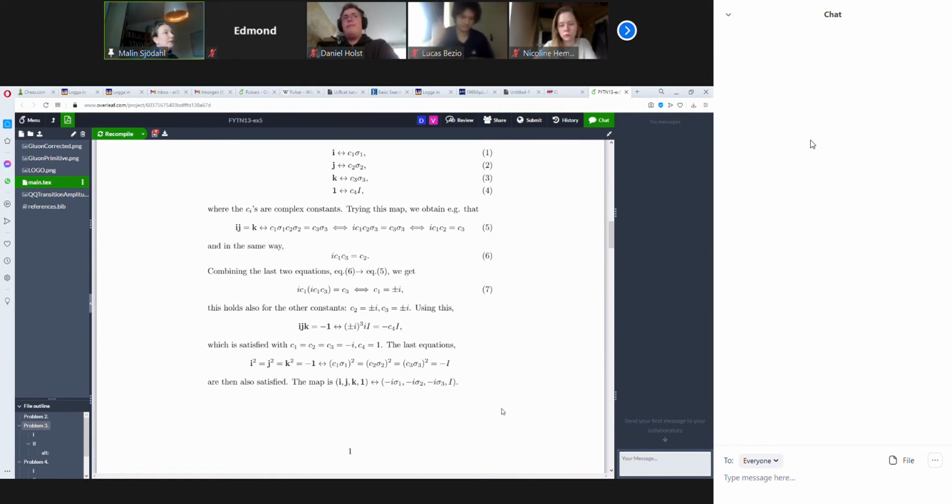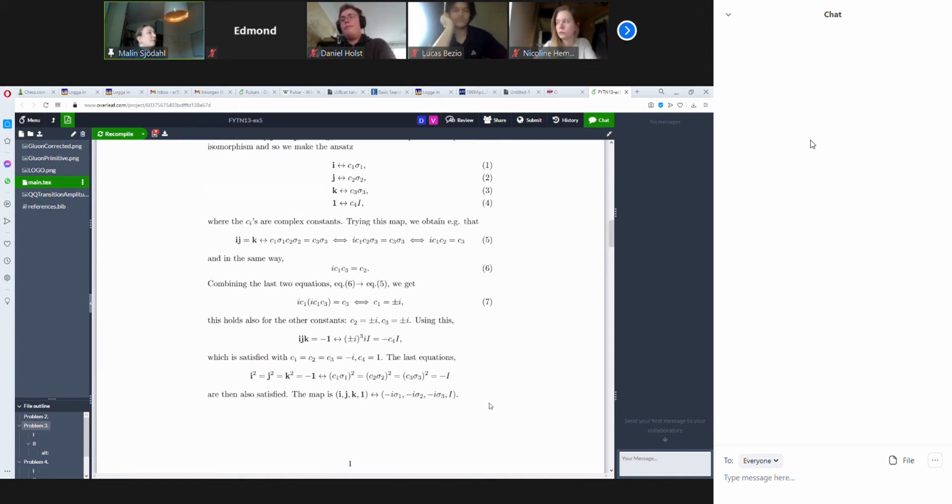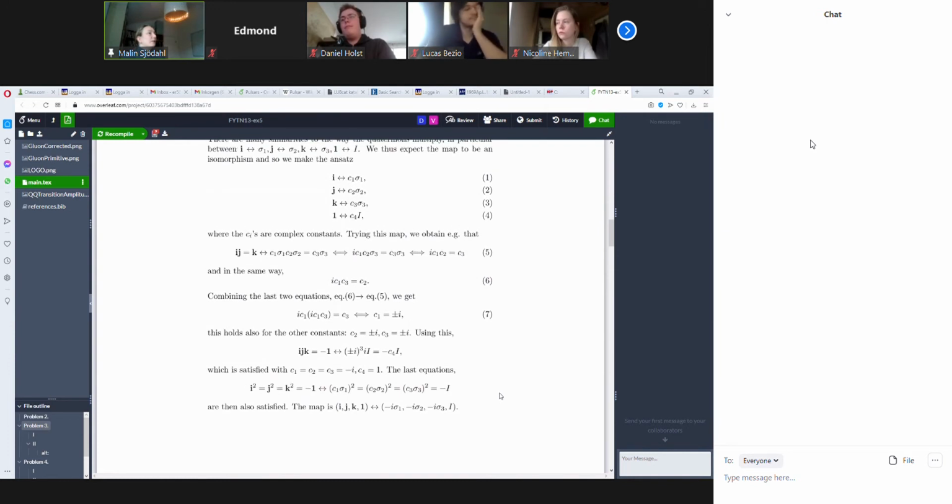Okay, yes, good. So the strategy here was to make an ansatz and to get some constraints on the constant relating the sigma matrices to the quaternions, and then you figured out that the constant must be plus or minus I, and then actually to have the representation squaring to minus 1, you figured out the value of the constant to be minus I. Yes, I think that is entirely correct.